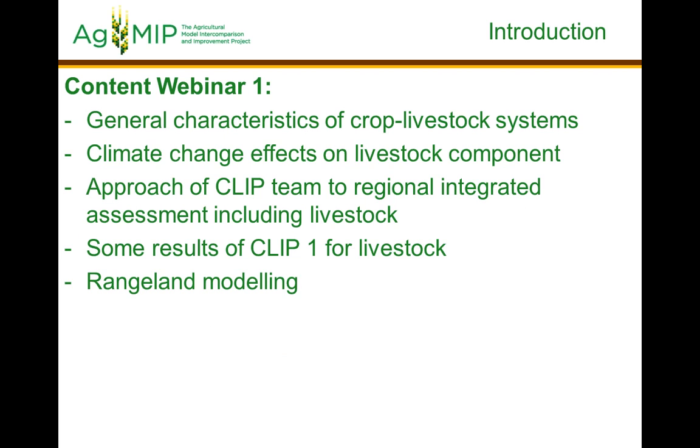And apart from that, he's also the AgMIP resource person for the West Africa team. So he's really wearing different hats. Mink is working at Wageningen University, and he has recently become a team member of the CLIP team in Southern Africa to really support us with the livestock modeling. And then myself, I'm also an AgMIP resource person, an ARP with the CLIP team.